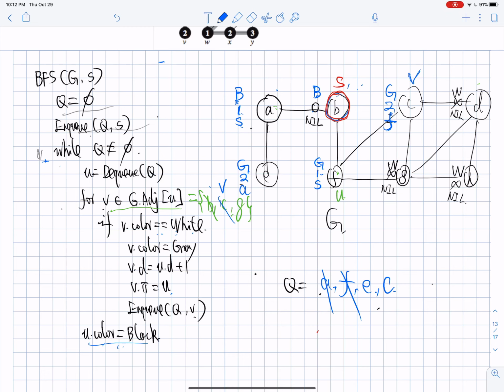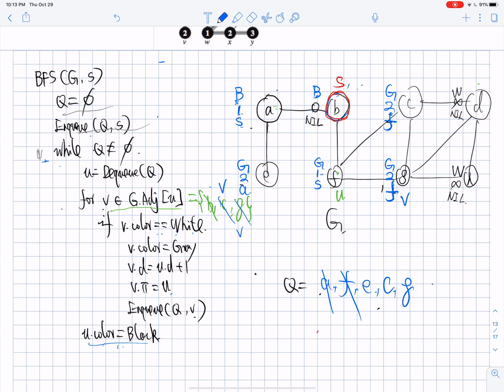Next, we're going to start another iteration with v equal to G. So I'm going to put the sign of v right at G, which is here. Okay, so its color is white. So what we do is that we set its color to gray, and then we set its distance as u.d plus 1, which is 2, and then we set its parent as u, which is F. Okay, so we also enqueue it.